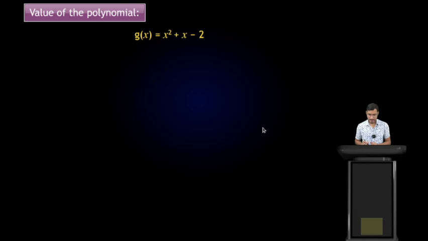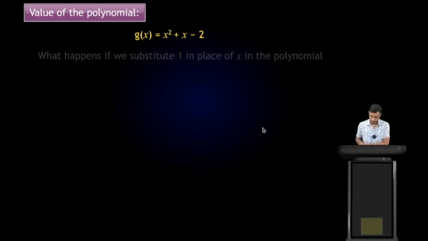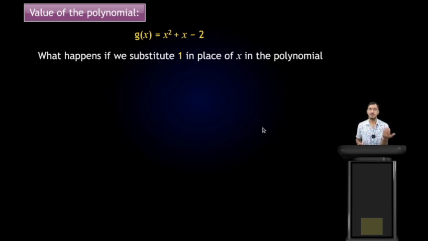Now we have one more example, x square plus x minus 2. What happens if we substitute 1 in place of x in the polynomial? Students, can you substitute the value of 1 here and tell me the answer? Here g(x) equal to x square plus x minus 2.